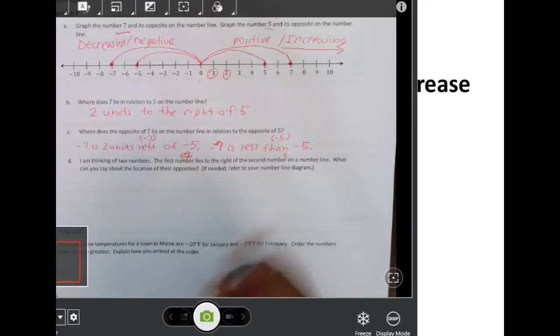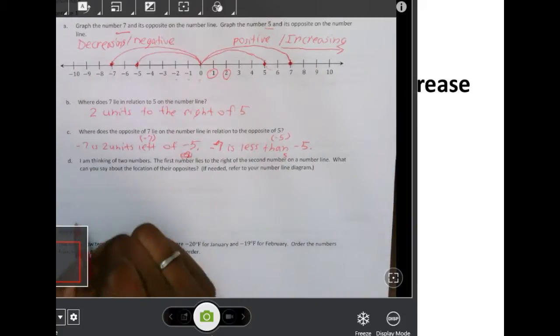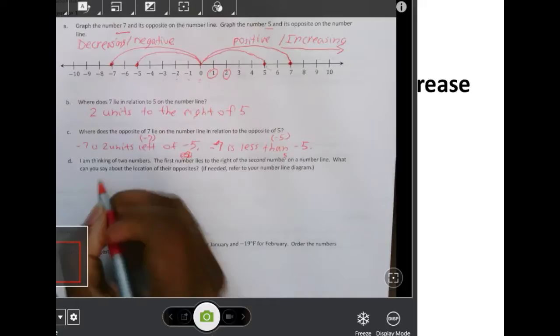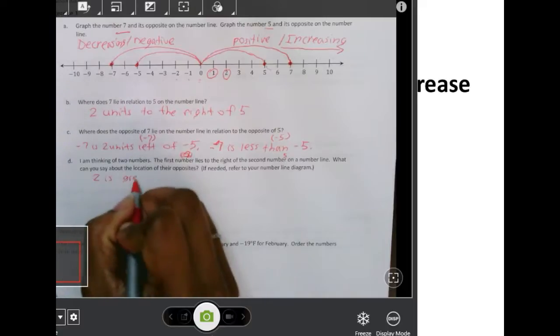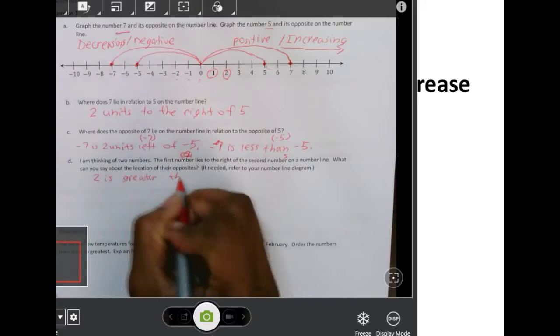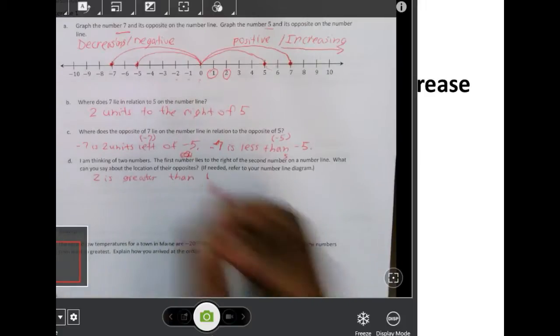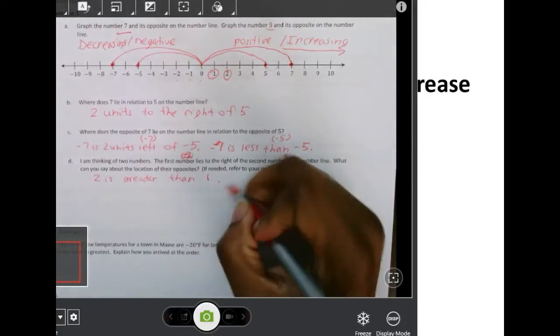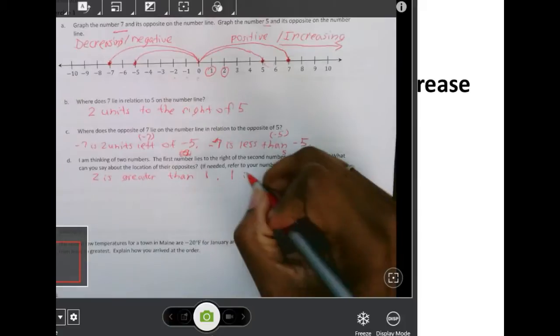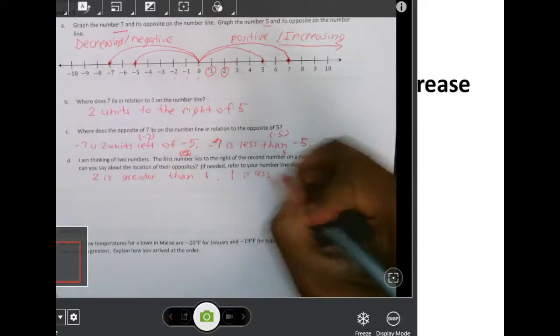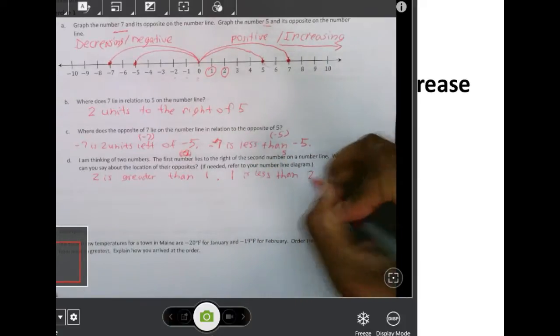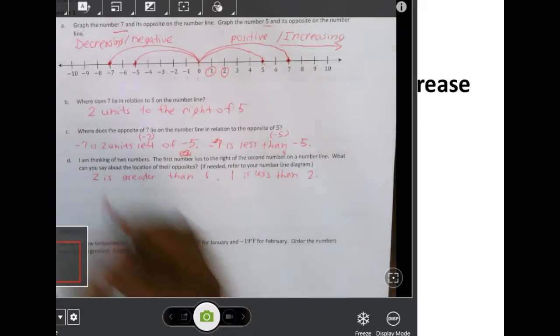2 is greater than 1. And 1 is less than 2. And 2 is to the right of 1.